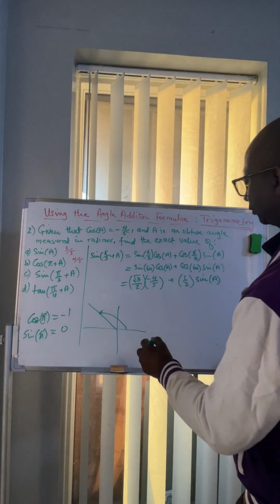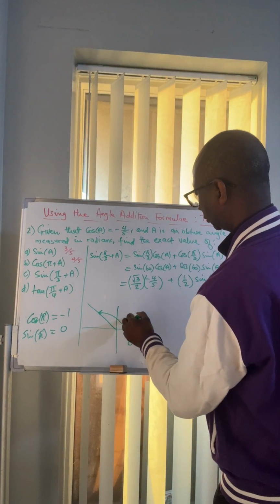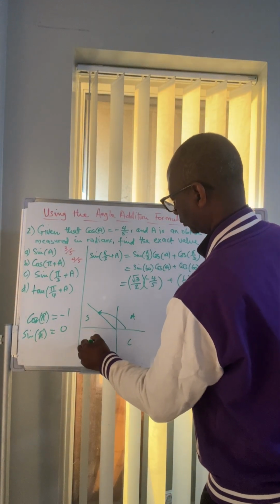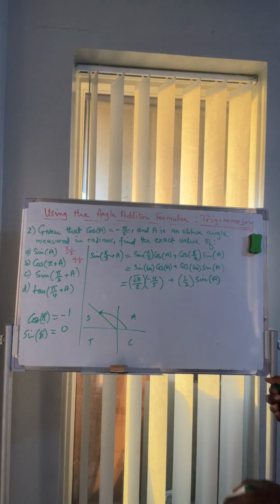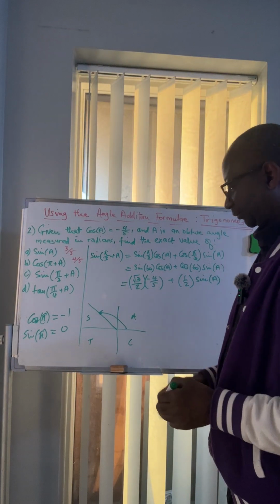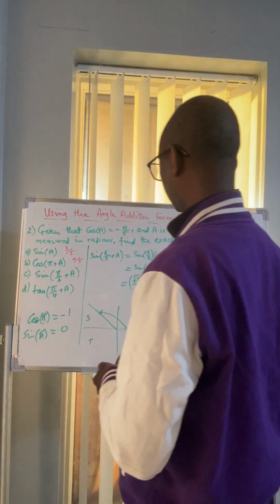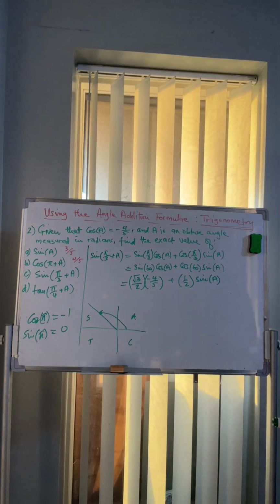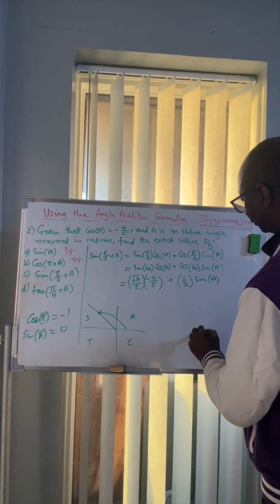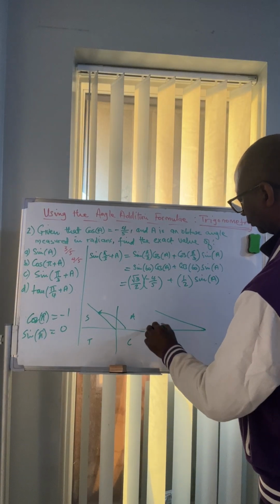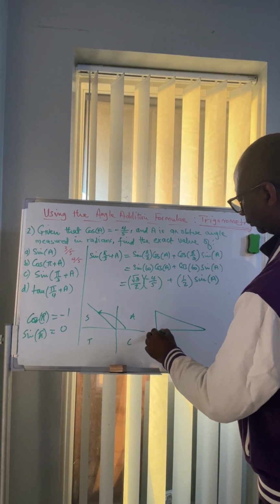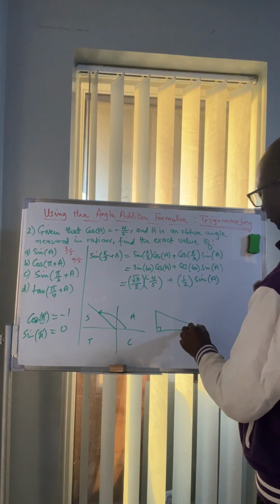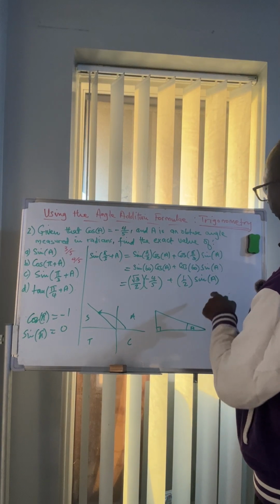So this is our quadrant. The sine is still positive in the second quadrant. So now we are told this is A, sine A.